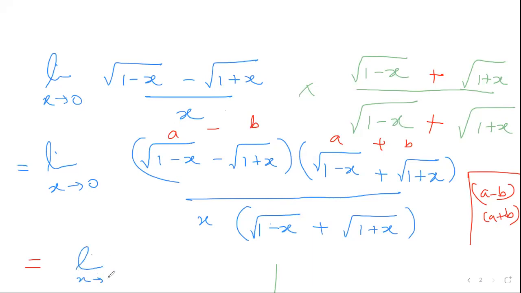Limit x extending to 0. A minus B into A plus B is A square minus B square, right? So we are using it here. A is the square root of 1 minus x. That entire term is A. So square of this minus the other term.